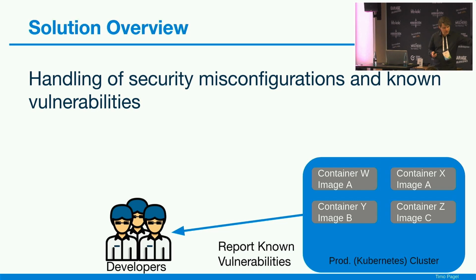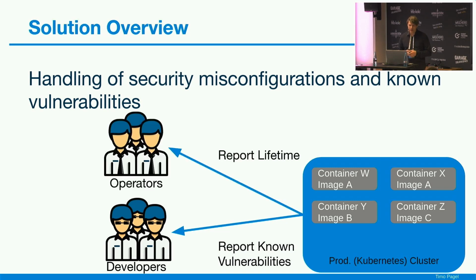Basically, you have on the right one production cluster or multiple production clusters. There we collect the running images, which are right now in production, and then we report vulnerabilities and misconfigurations to the developers in that containers, and also to operators. There, I wouldn't report known vulnerabilities, but for example, how old the images are based on a threshold, I notify the operators. This is the high-level overview.